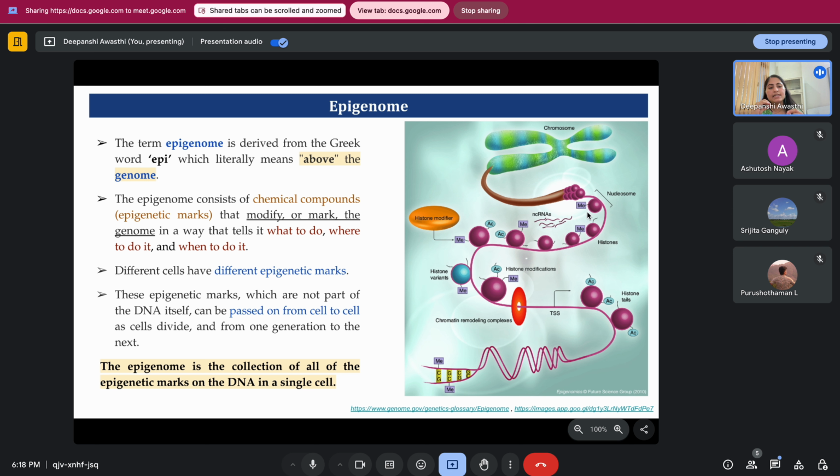So when DNA is wrapped around the histone protein, the structure it forms is called a nucleosome, and when those nucleosomes are further cross-linked and packed into a compact structure, that is referred to as a chromosome. If I expand a chromosome, it will look like this. This is the nucleosome where DNA is wrapped around this histone protein, and if you see carefully, there are methyl groups attached to these histone proteins.